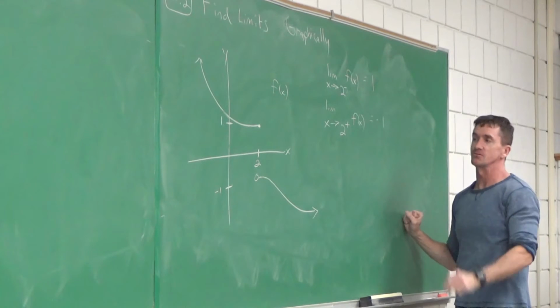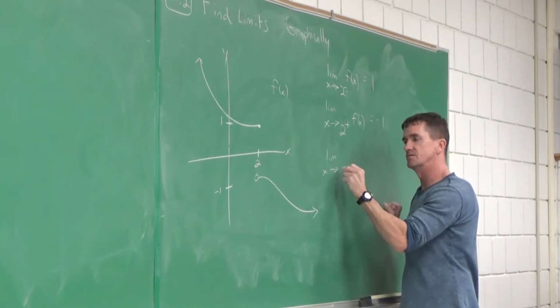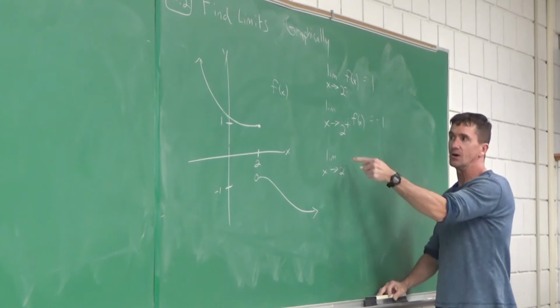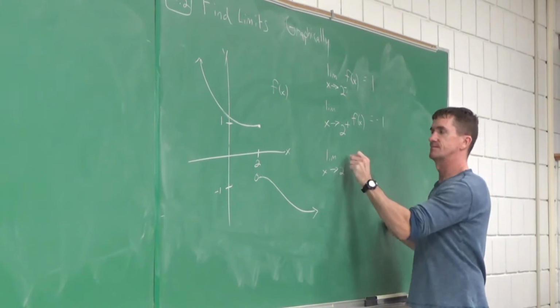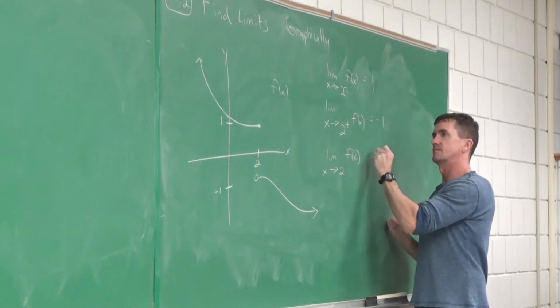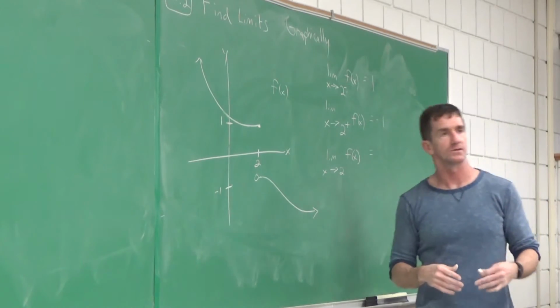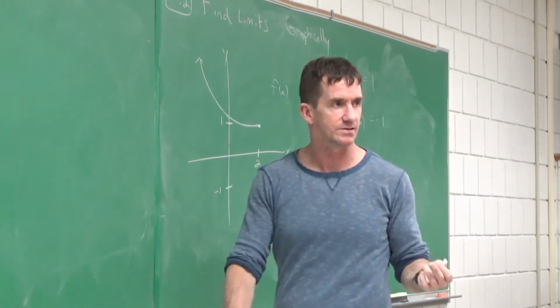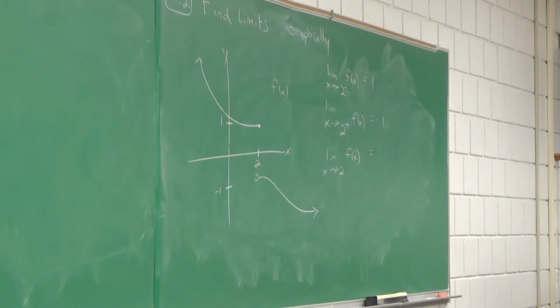Now here's a powerful statement. How about the limit as x approaches 2, and I don't put a plus or a negative up there. That's called a two-sided limit. Now it's powerful. The only way you can get a numerical value out of this is if the left side and the right side limits are the same.